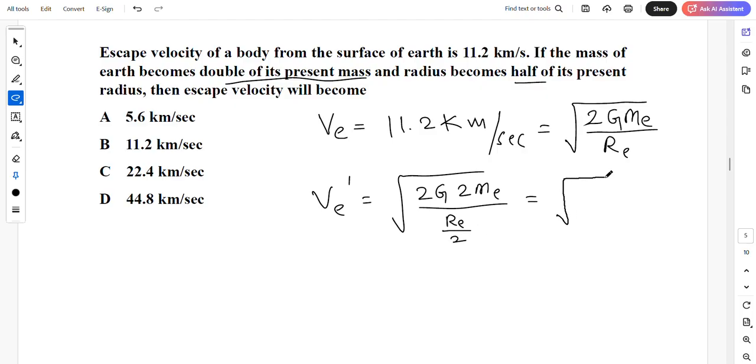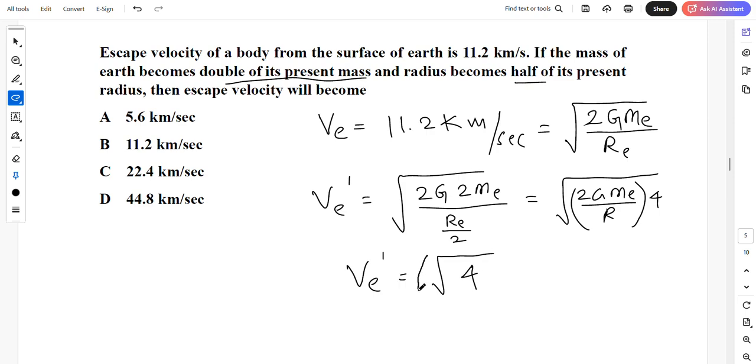So the same thing can be written as what? 2 G Me by Re into 4. VE dash is equal to square root of 2 G Me by Re, which is nothing but VE, into square root of 4 into VE.